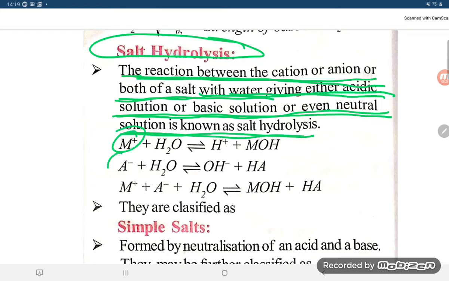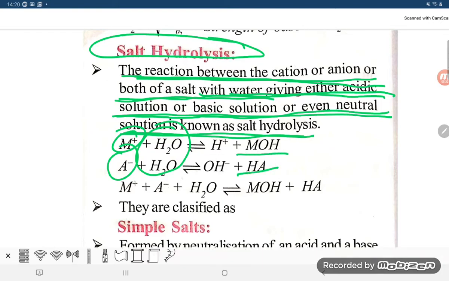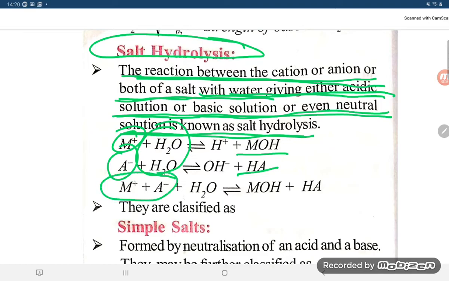So the cation or anion reacts with water, giving an acid or base, and if both the cation and anion react with water, it may give a neutral solution.